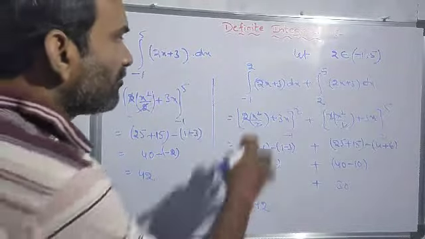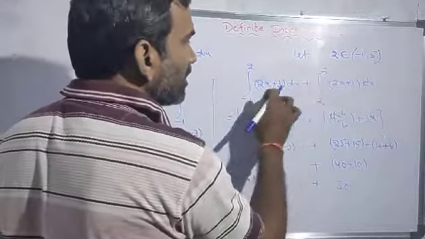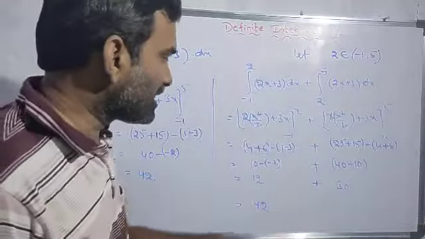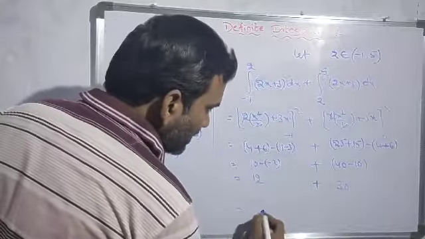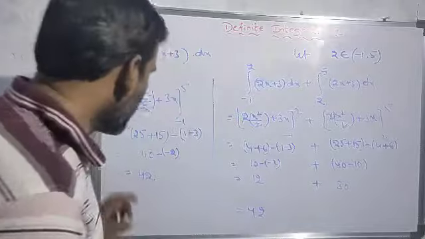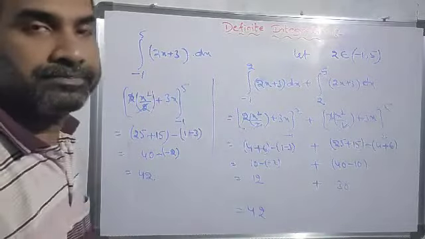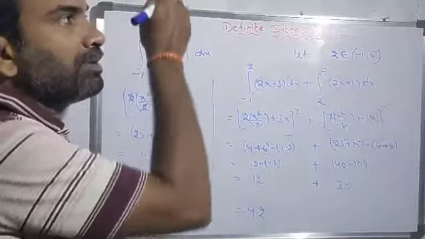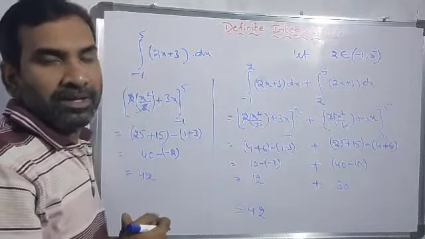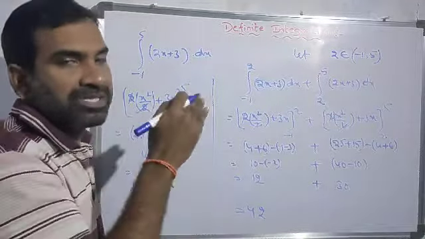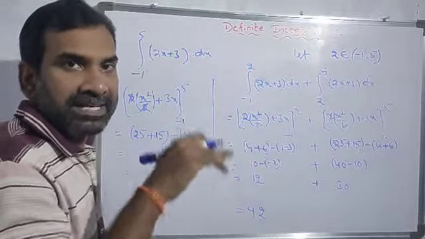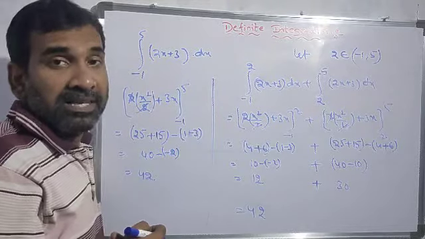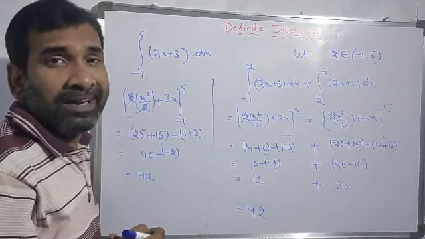So if we divide the sum into two integral sums, the final result is also equal to our general result. That's why I am saying that the integral from a to b of f of x dx equals the integral from a to c of f of x dx plus the integral from c to b of f of x dx, where c belongs to the open interval (a, b).